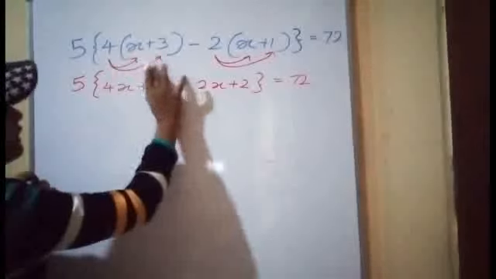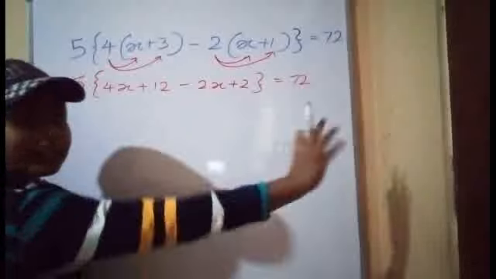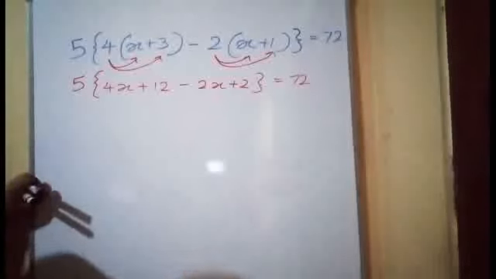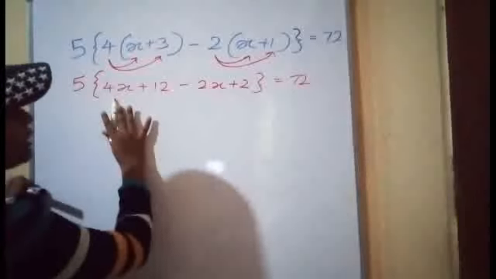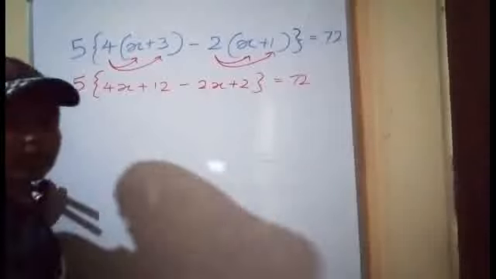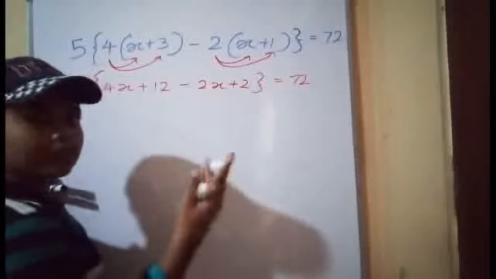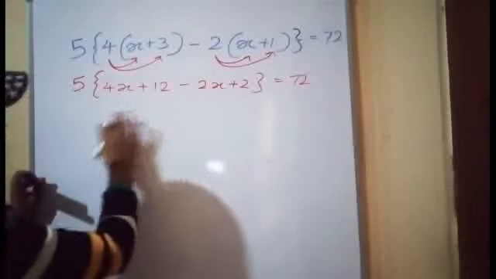4x plus 12 subtract 2x plus 2. We want to write the operations very correctly and properly. And now the 4x plus minus 2, 4x plus minus 2. We get what? Minus 2.